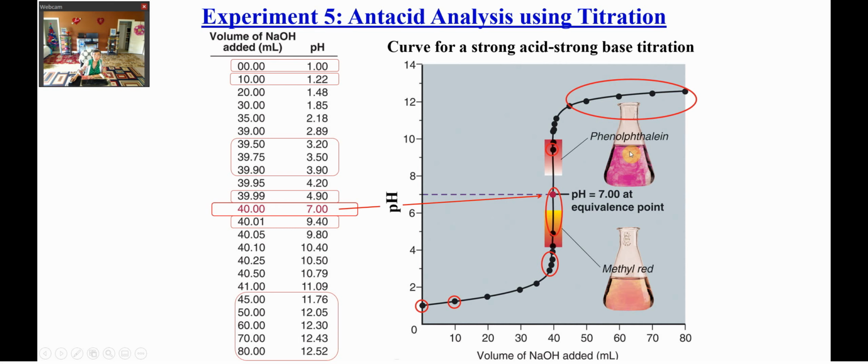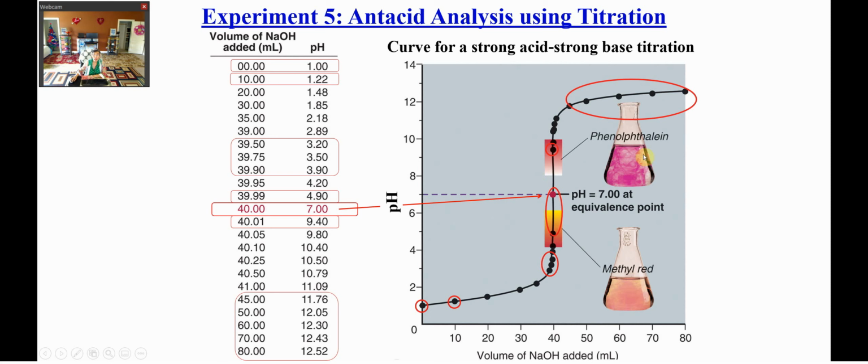So for this color change, you use an indicator. You can use two different indicators. One indicator you call phenolphthalein. If you use strong base sodium hydroxide to titrate acid, normally we use phenolphthalein at pH 7 or slightly higher than 7, I think normally from 8 to about 9.7.